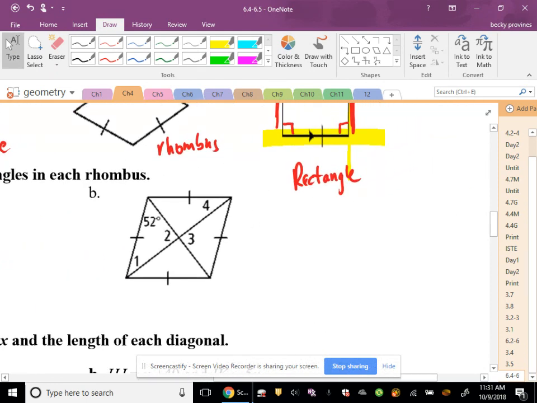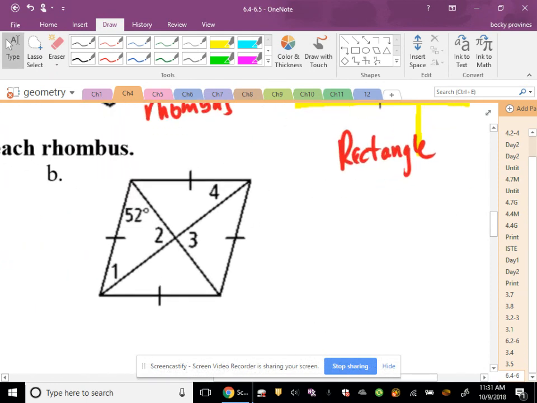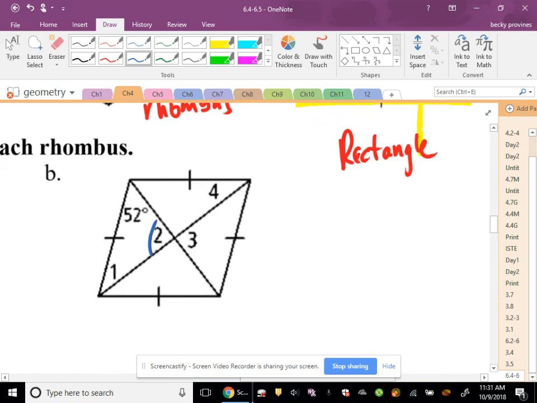Okay, let's try the next one. What shape is this? This is a rhombus. Just looking at this quickly, I know that 2 and 3 are going to be the same once I figure out the number. And this is a big triangle with two equal sides. So again, we can figure out that 1 and 4 are the same measure.